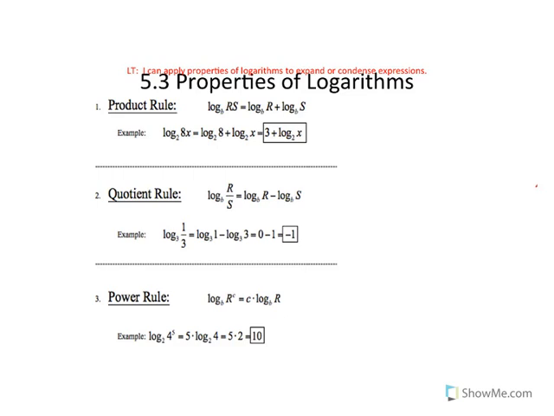So the quotient rule is literally going to be dealing with a quotient, and you should know what that means. You should know that a quotient is the division of two numbers, or two terms. And so the quotient rule for logarithms is going to involve taking the log of a division. Okay? Taking the log of a term divided by a term. Okay?